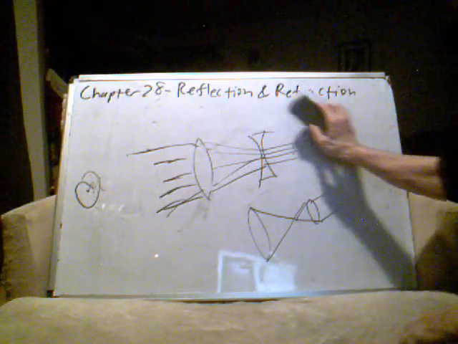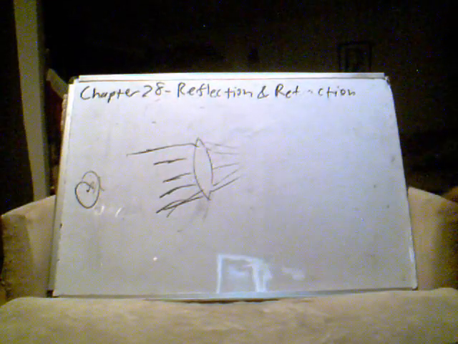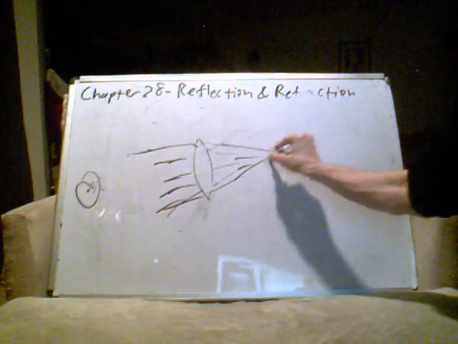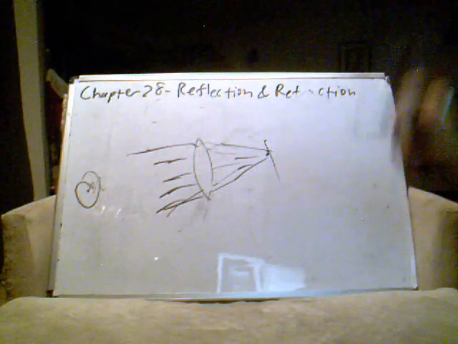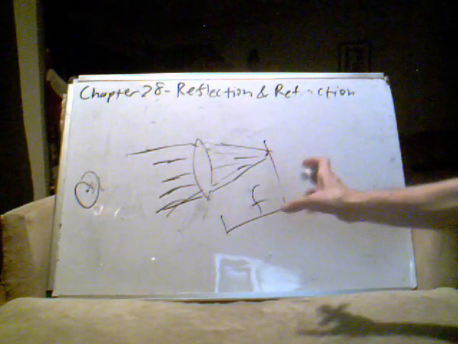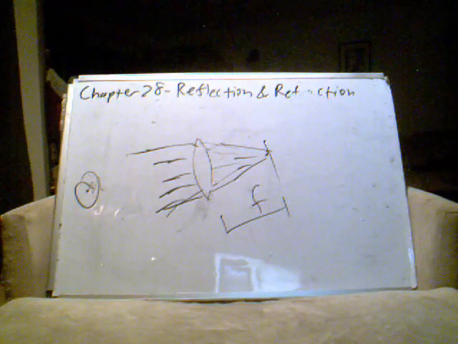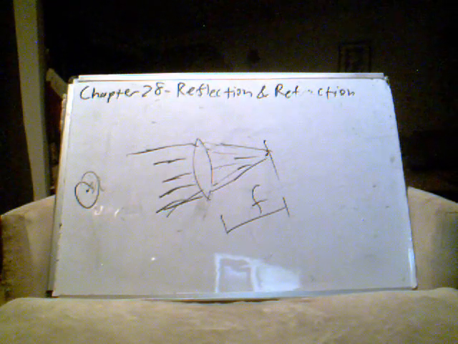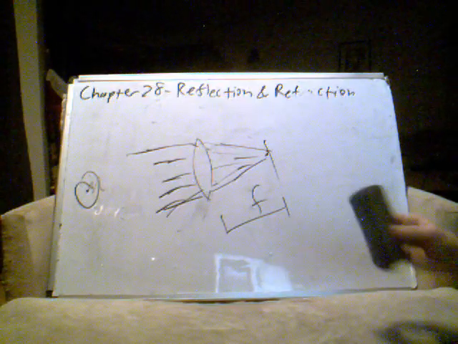Now, if we took all of this parallel light and we focused it down and it hit some point, then we could say that that was the focal point of the lens, right? Parallel light always focuses at the focal point of the lens.